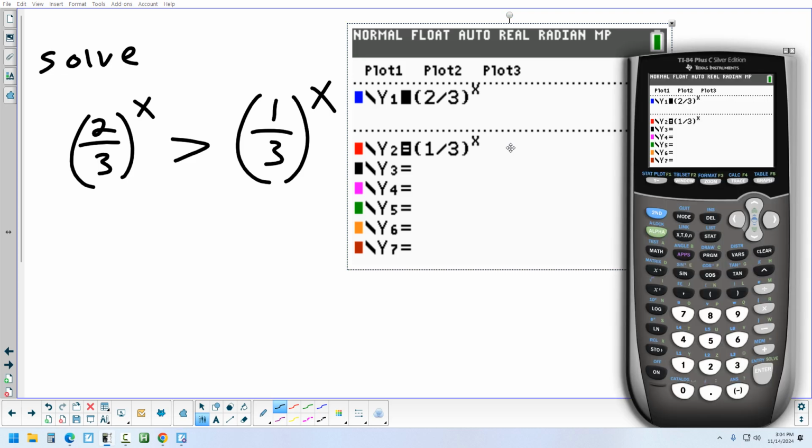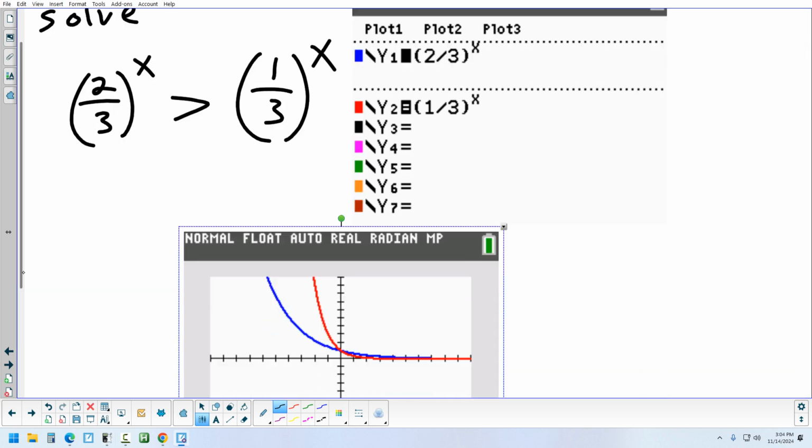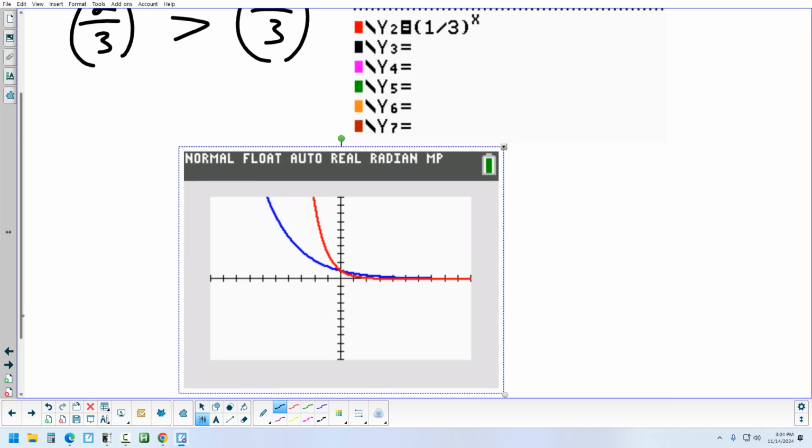Okay, so let's look at that. First of all, let's make sure that even happens. Is the blue one ever above the red one? There's a point where the blue one is under, and then there is a point where it switches and it goes above. What do you think we're going to have to calculate using the graphing calculator here?